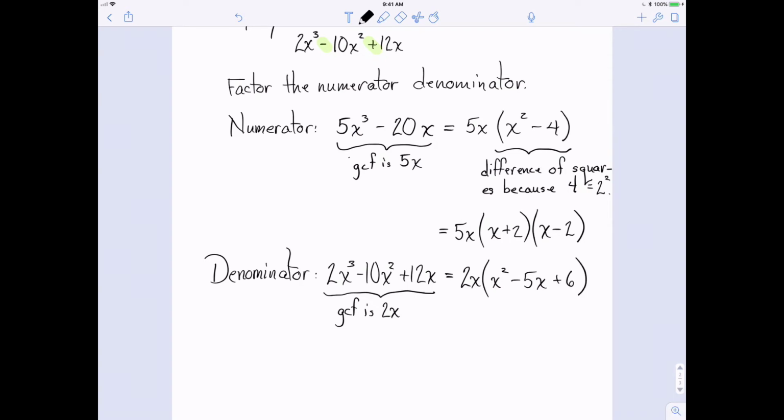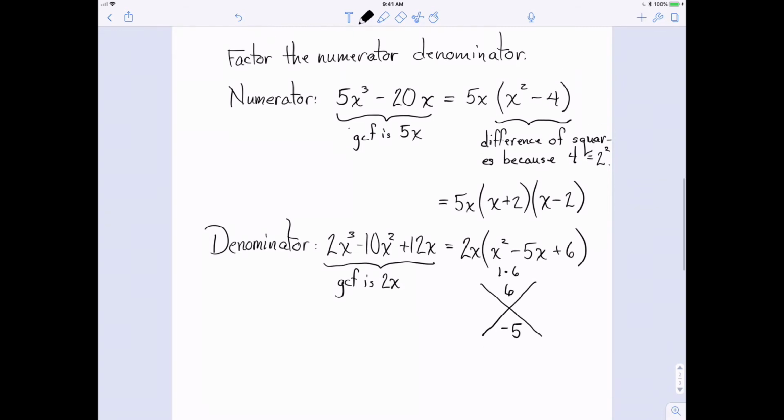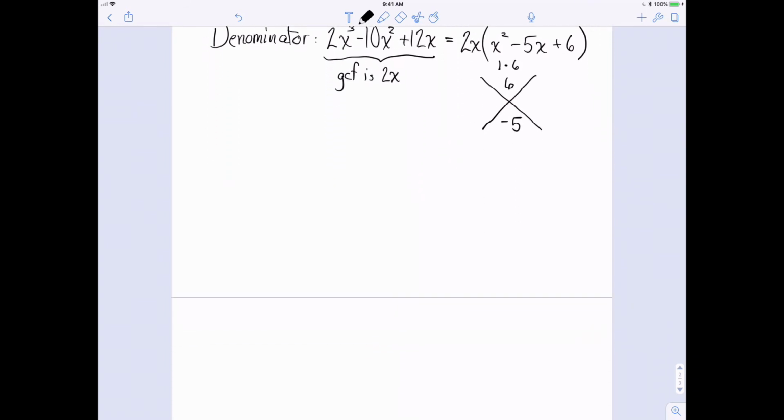Oh, and x squared minus 5x plus 6 is a quadratic, and we've been factoring quadratics. Remember, the first thing we would do is play the game. So I would go 1 times 6, so I get a 6 in the top position and a negative 5 in the bottom position. How about negative 3 and negative 2?